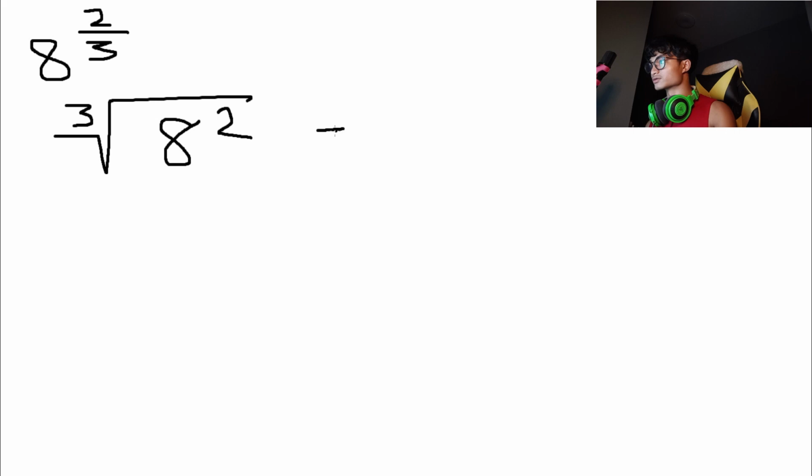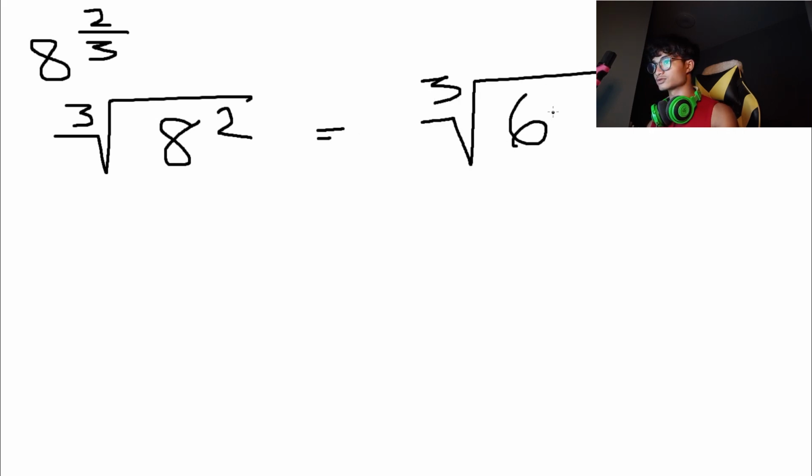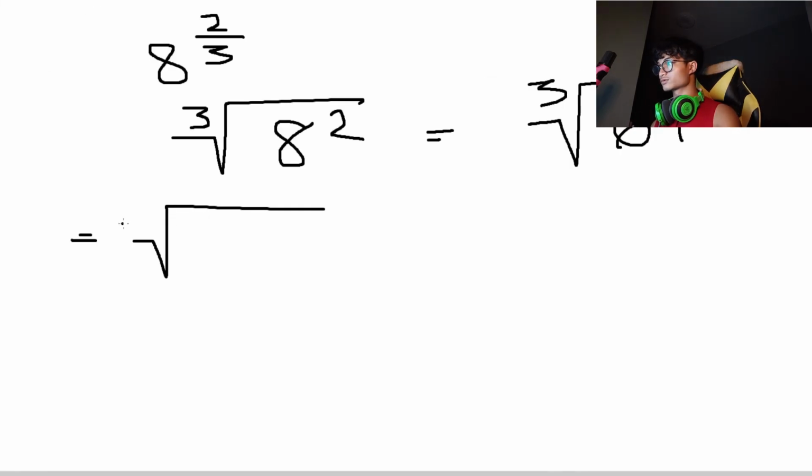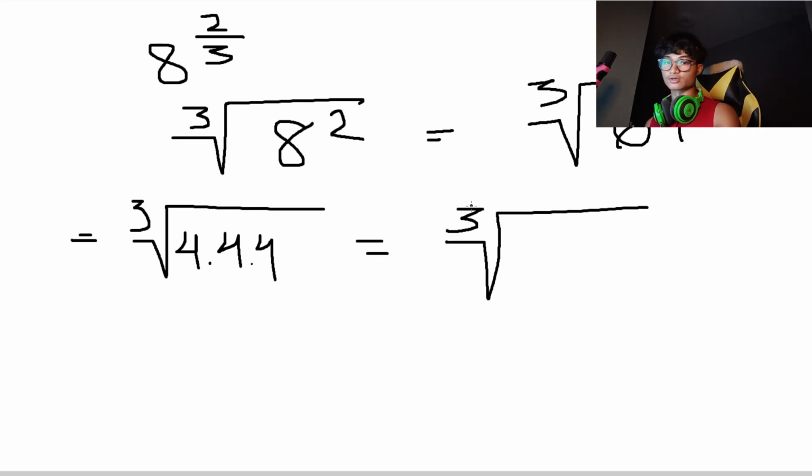Cube root of 8 squared is equal to cube root of 64. And now we just keep on further simplifying it. And now, what is the cube root of 64? Cube root of 64 is 4 times 4 times 4, which you can also write as the cube root of 4 raised to 3.